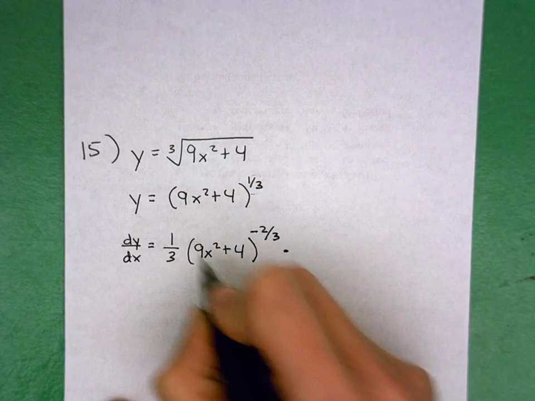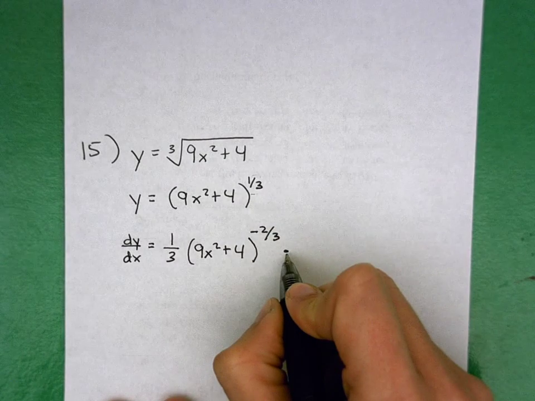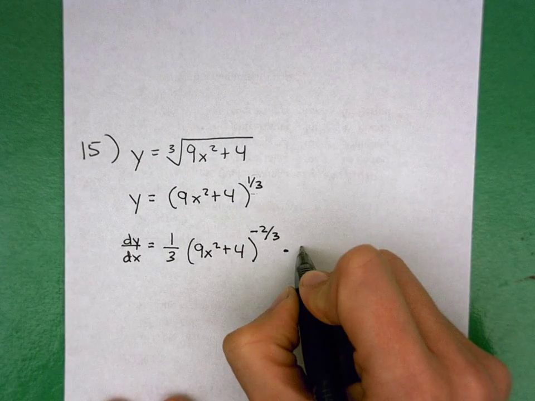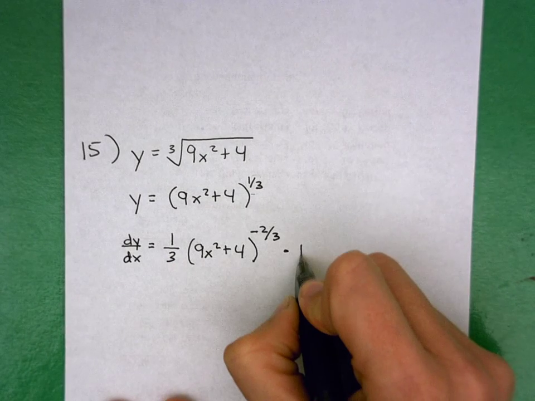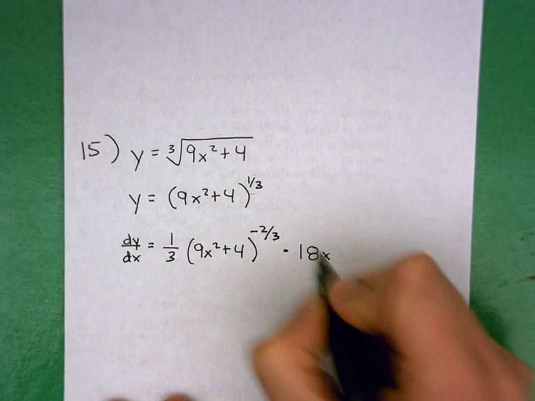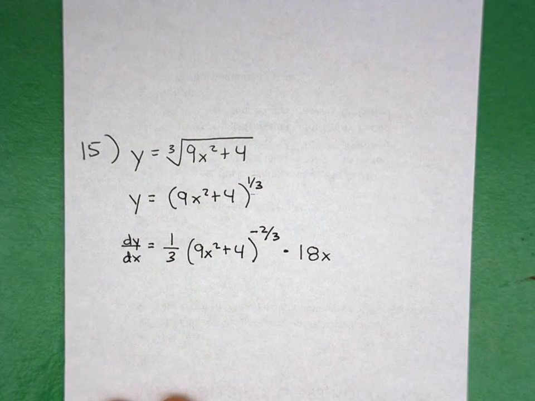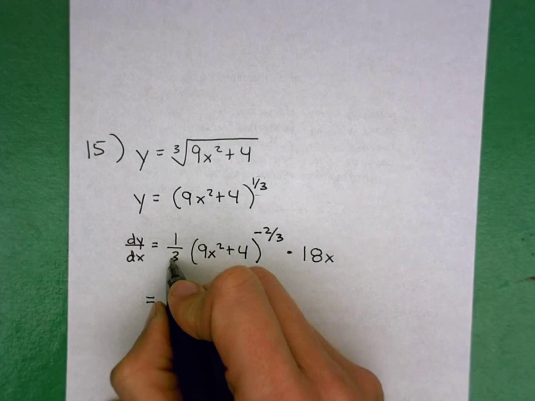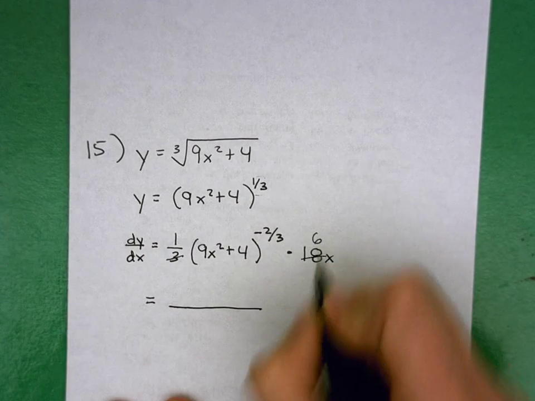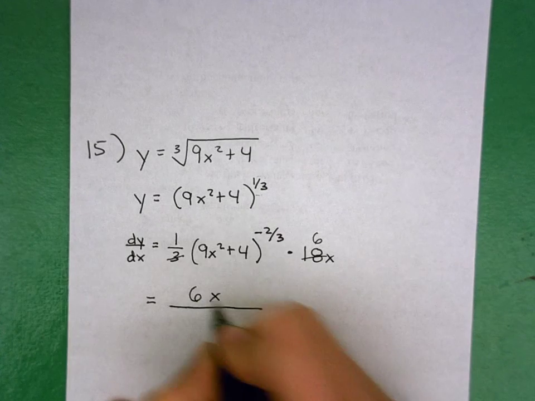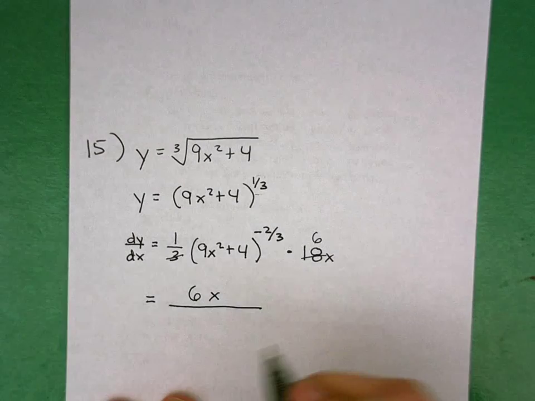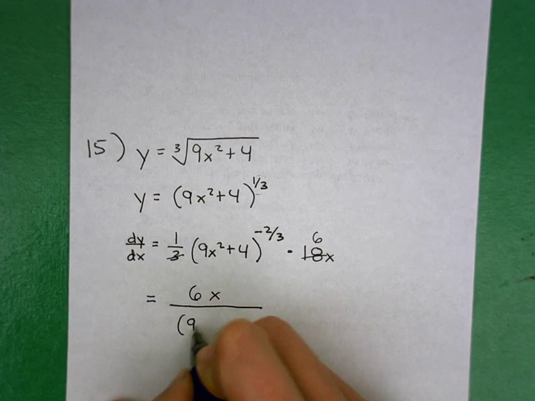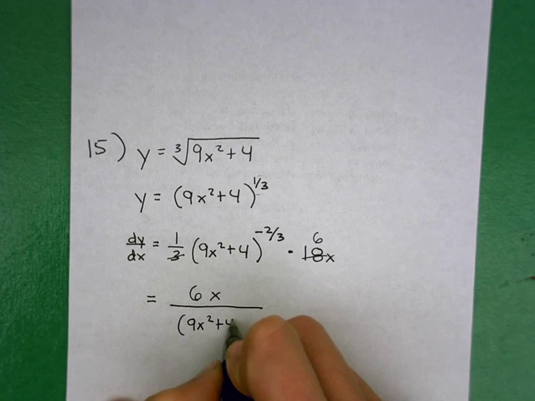After you've completed the outside function, then you multiply by the derivative of the inside function. Derivative of 9x squared is 18x. Derivative of 4 is 0. Okay, so cleaning this up a little bit, the 3 and the 18 will simplify to make 6x, and this will be over 9x squared plus 4 to the 2/3.